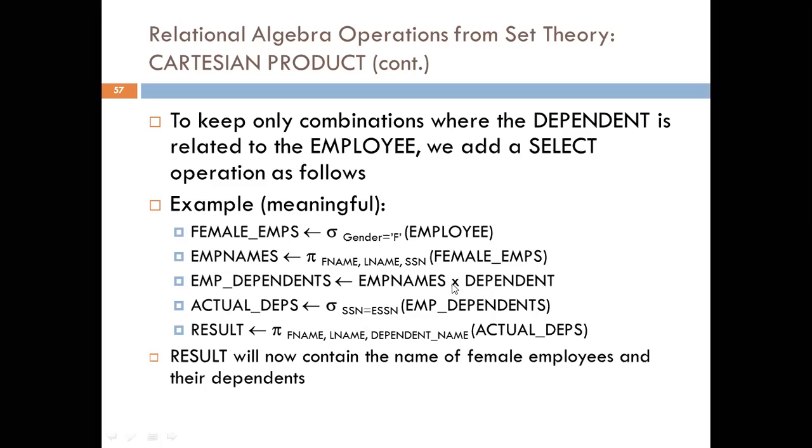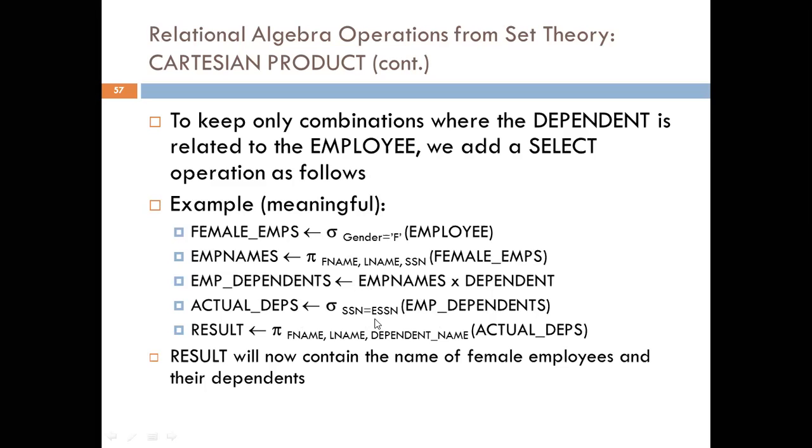Here we applied the cross product, but cross product will always yield meaningless matching of rows. Unrelated employees with unrelated dependents will be combined together. In order to remove the meaningless or unrelated rows, we have to apply the select condition after the cross product.